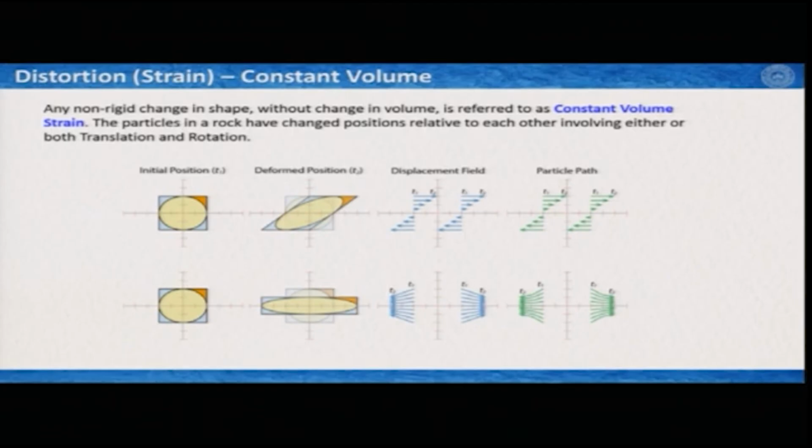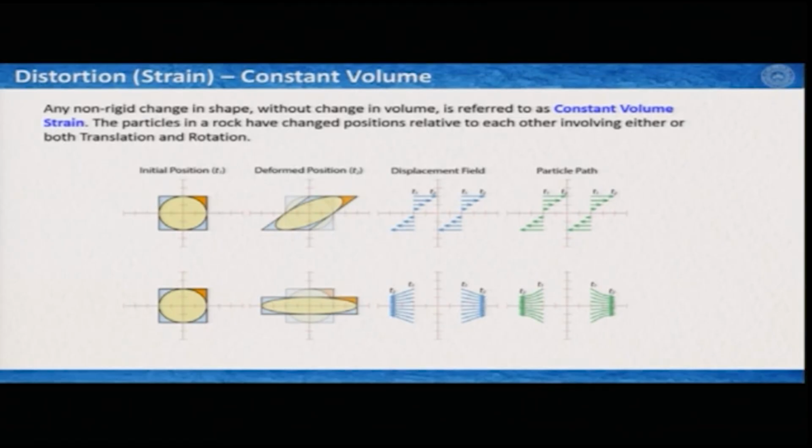The particles in the rocks should have changed positions relative to each other involving either or both translations or rotations. There are a series of end members. Here I have given two end members. One is simple shear, another is pure shear.